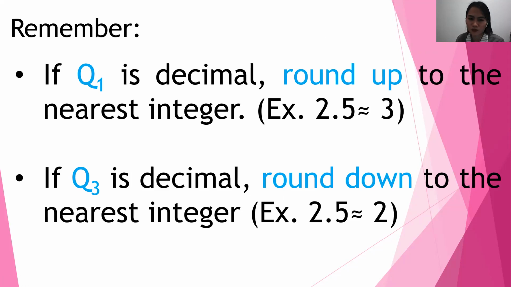And if we get quartile 3 and the answer is a decimal, we round down to the nearest integer. For example, 2.5 becomes 2. So quartile 1, round up; quartile 3, round down.